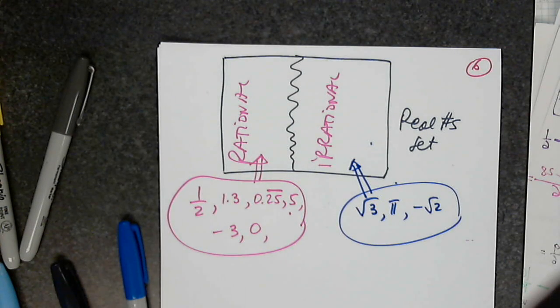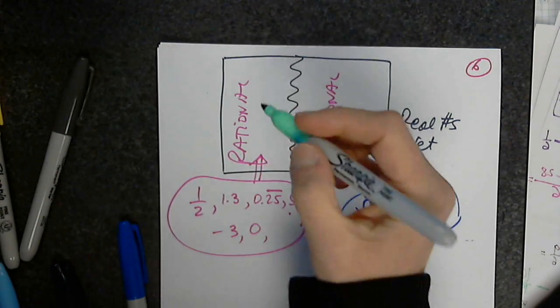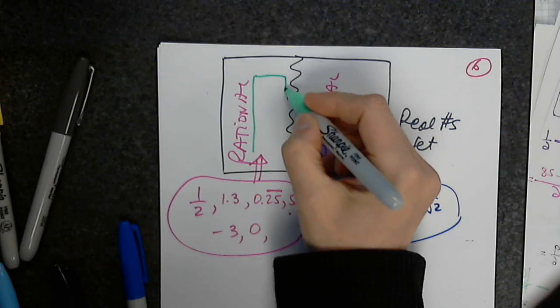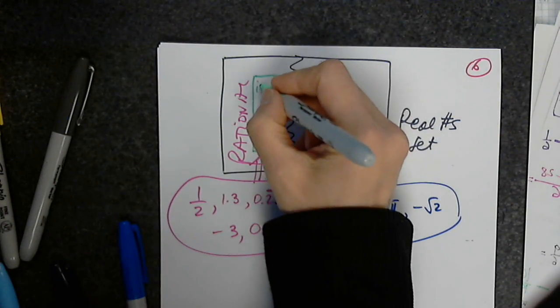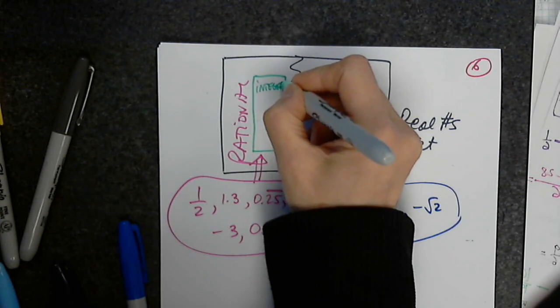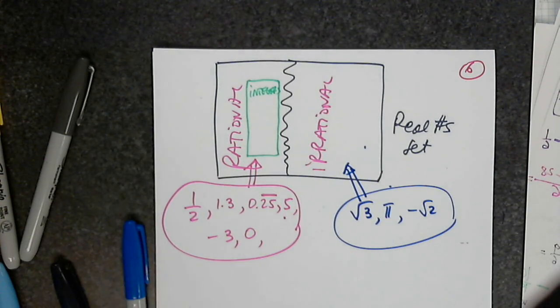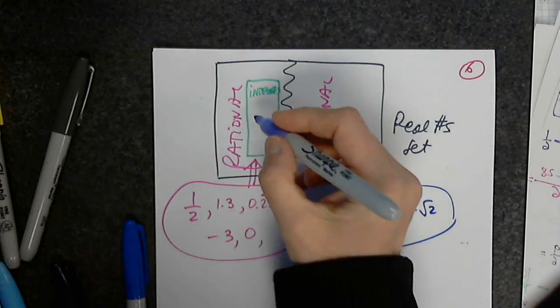Inside rational numbers, we have 3 other subsets. So I have a subset of integers. Inside this subset, I have whole numbers.